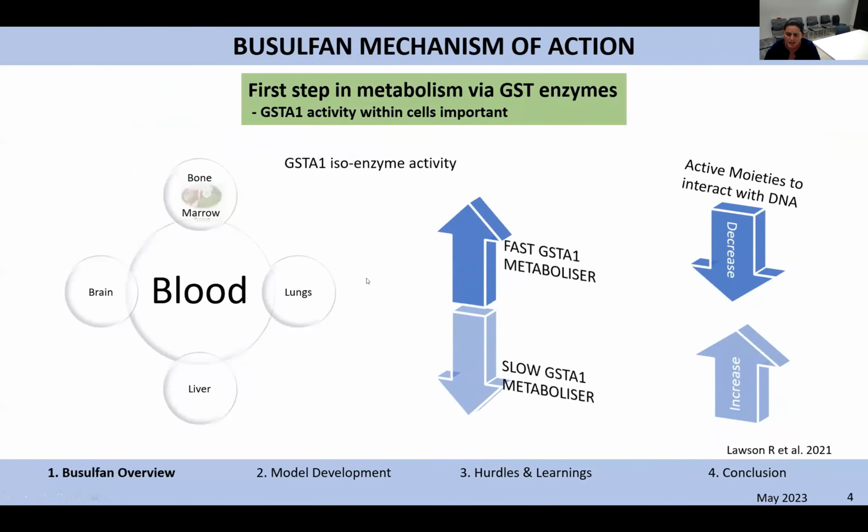Interestingly though, GSTA1 activity within a lot of our cells is similar. However, in bone marrow, there's only 20%, a 5-fold reduction in GSTA1 isoenzyme activity. You would therefore have very slow GSTA1 metabolism, and within these cells, much higher concentrations of the active moieties. This is what is thought to give busulfan its specificity for our stem cells.